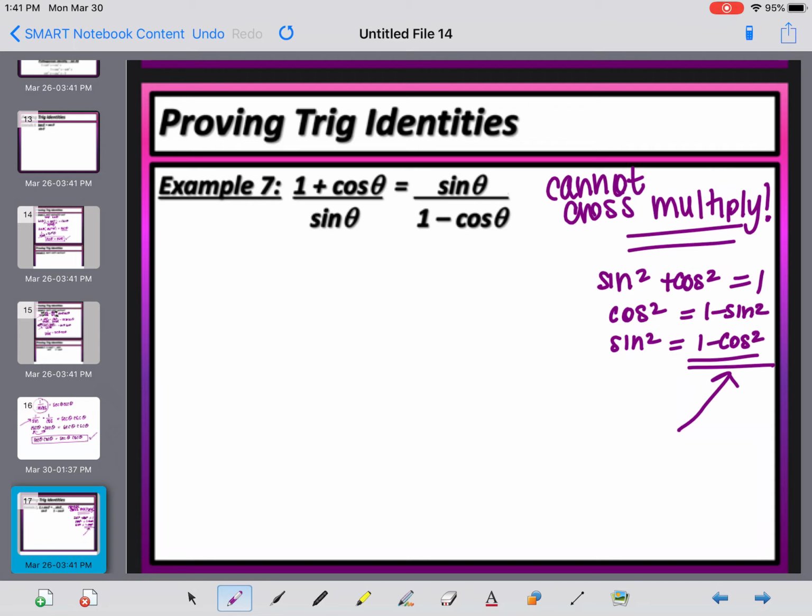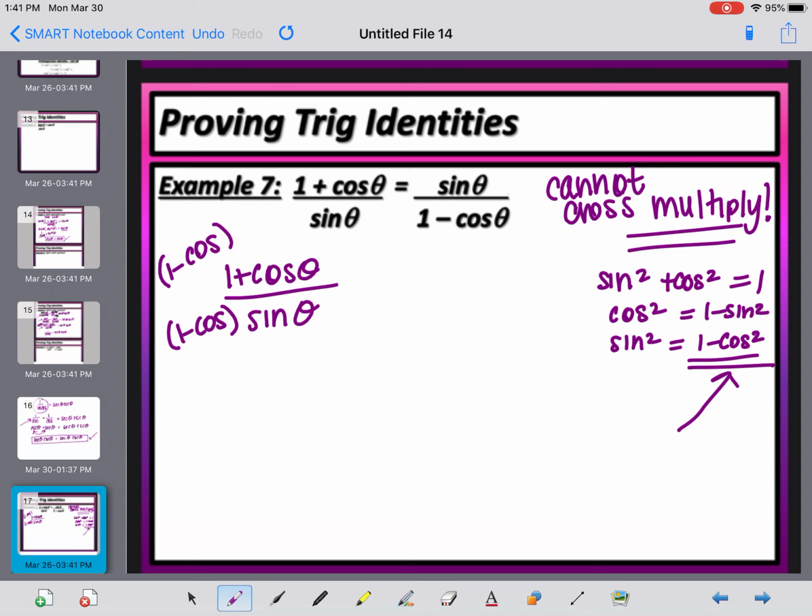What would you multiply to a 1 plus cosine to get it to look like a 1 minus cosine squared? Well, 1 plus cosine times a 1 minus cosine.